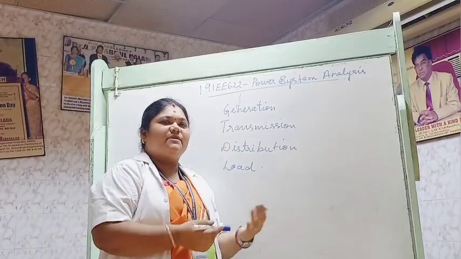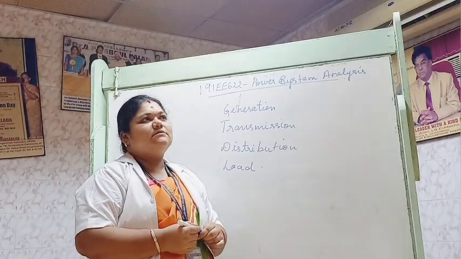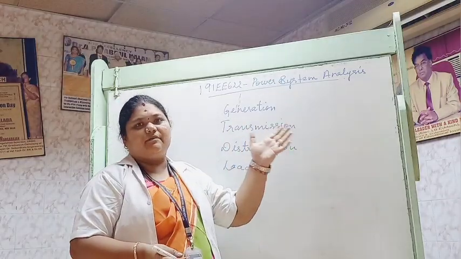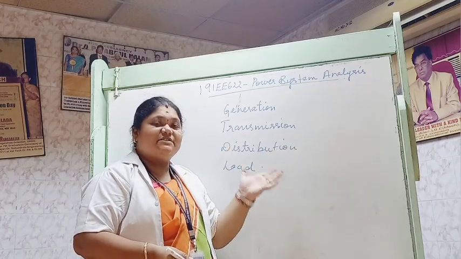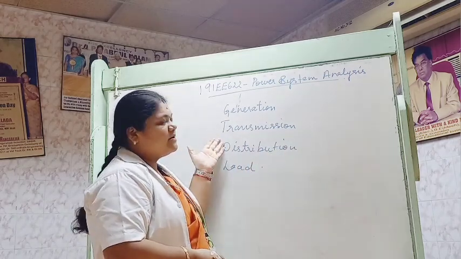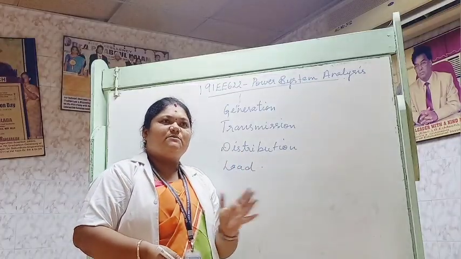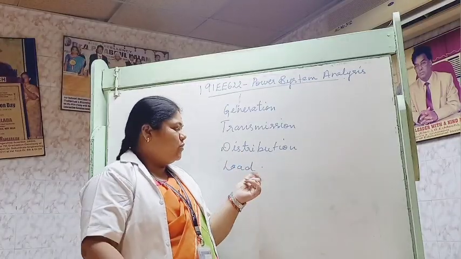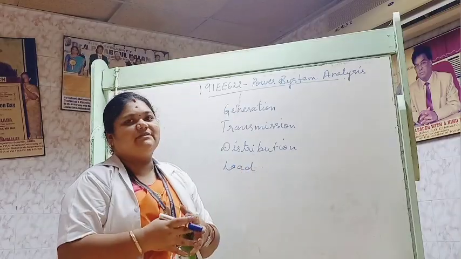We have studied generation of power in previous semesters, with different thermal power stations. Next is transmission and distribution, where the generated power is transmitted and then distributed to the load. These are the basics of your power system.